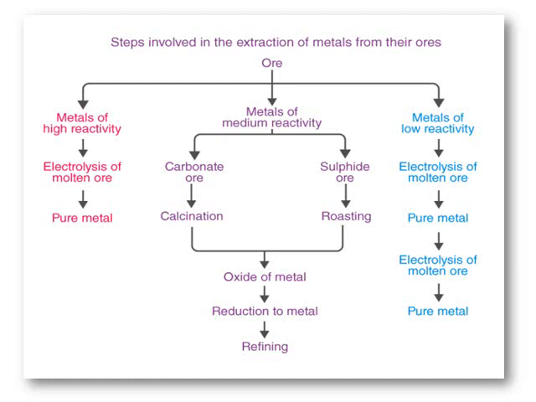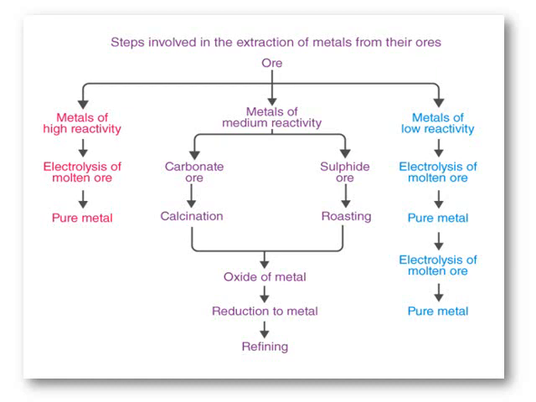And now let us see the ores of metals which are in the middle of the reactivity series. They are divided into two: the ores which contain carbon and the ores which contain sulfur. So carbonate ores and sulfide ores.